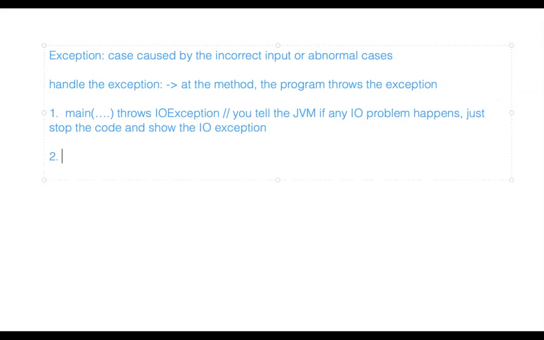And the second way is what we talked about in the last class: we have the try block of code and catch a certain exception class name with a variable. And then you catch this code, and then you can also have the code after the try-catch block.